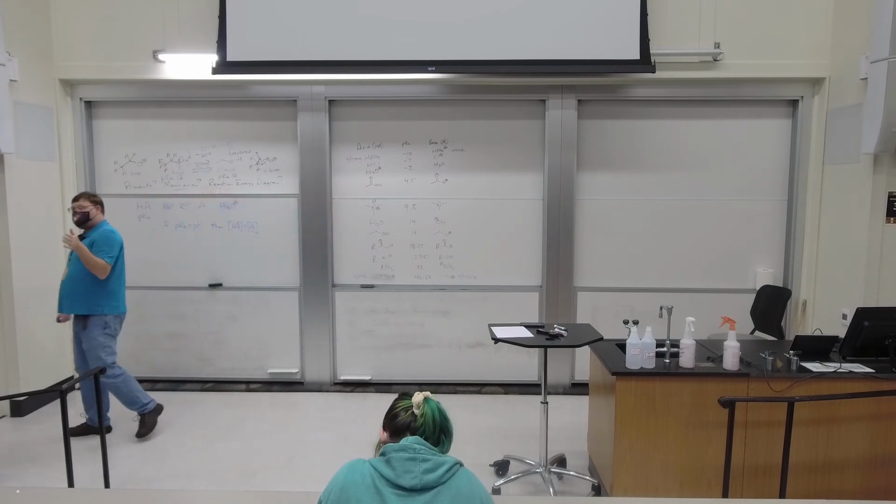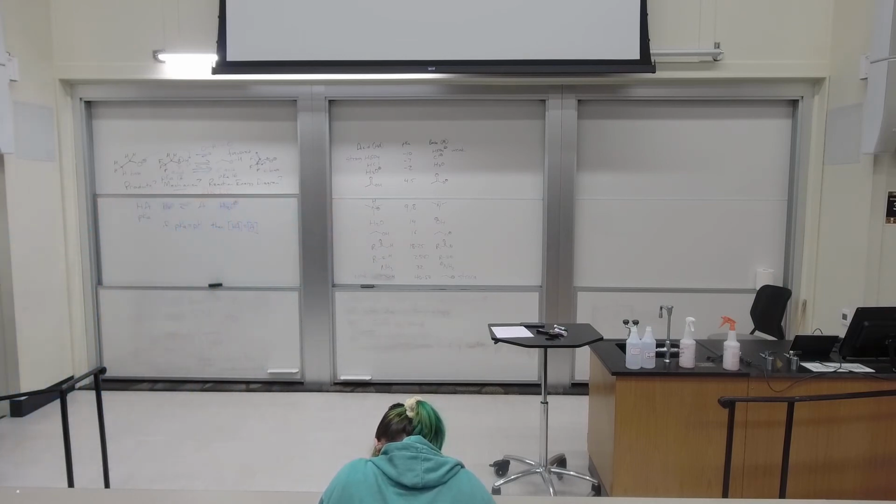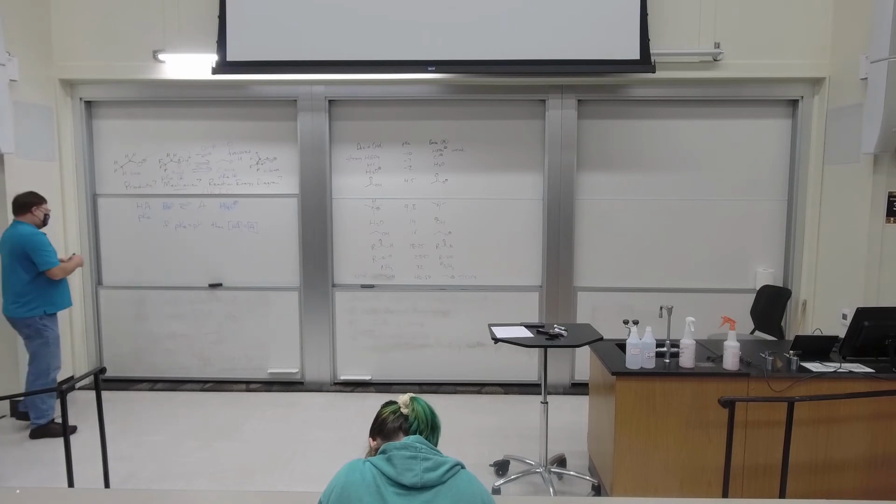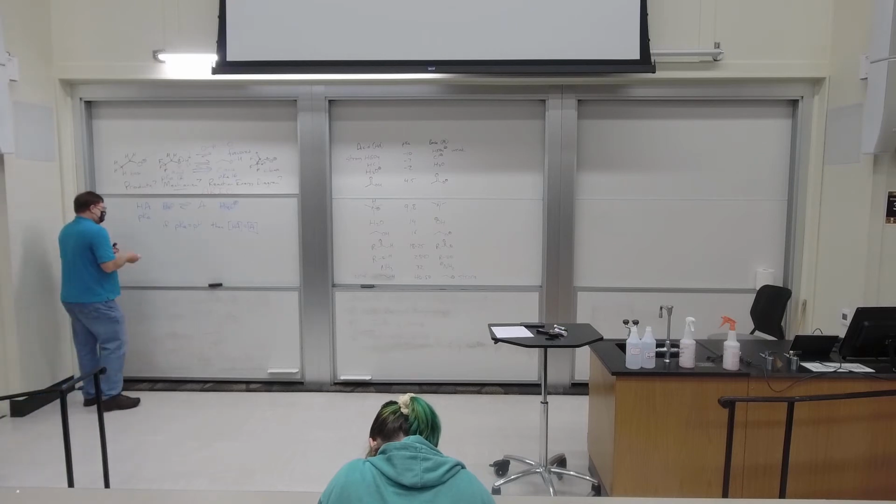So at pH 4.5, if I put acetic acid in pH 4.5 buffer, I will have 50% acetic acid and 50% acetate. Acetate's the deprotonated form of acetic acid.